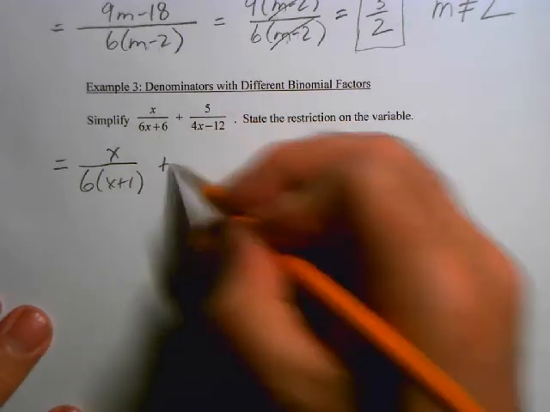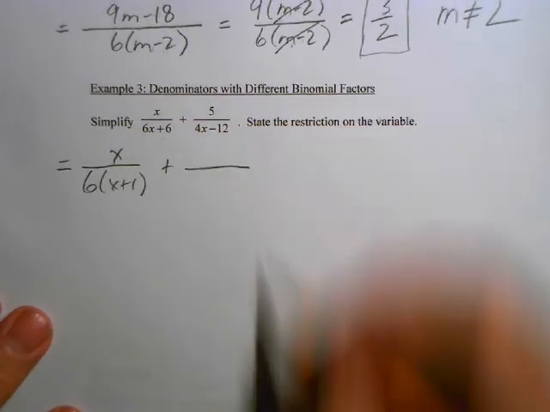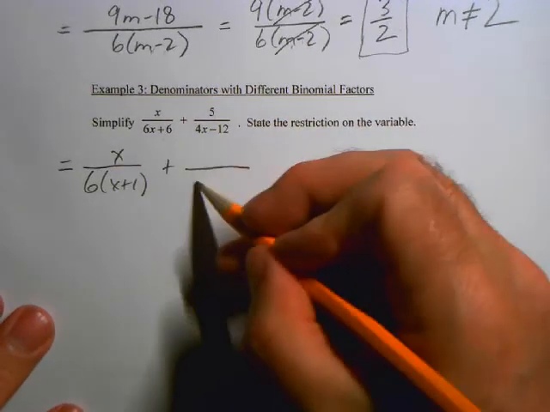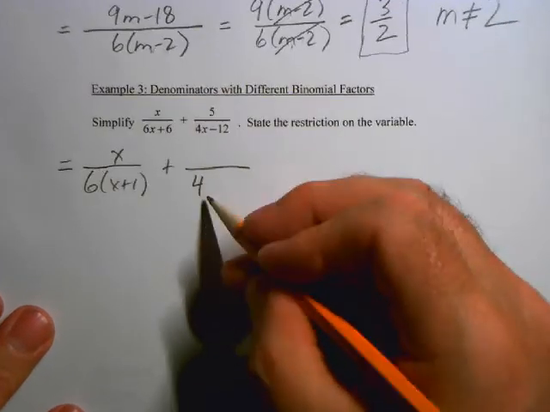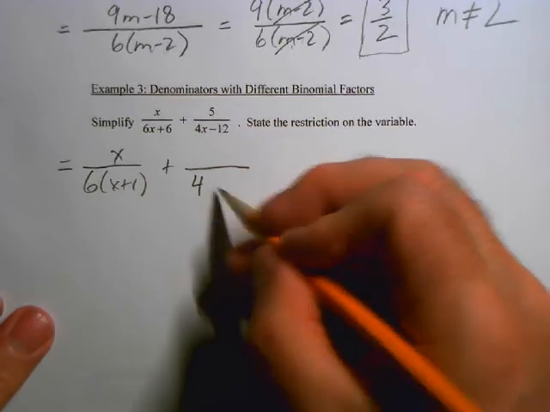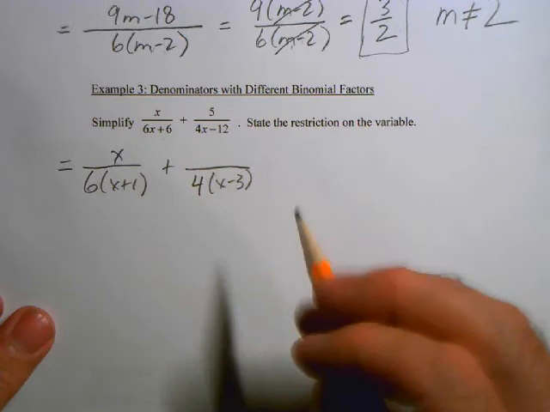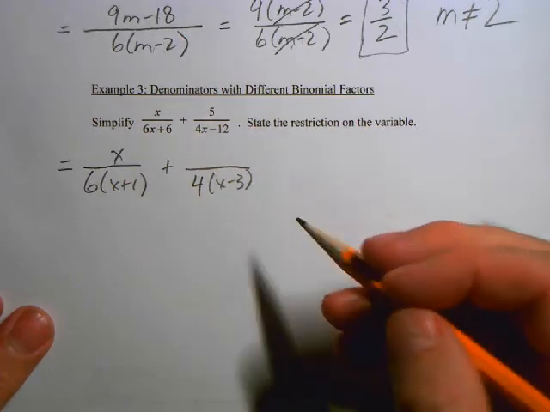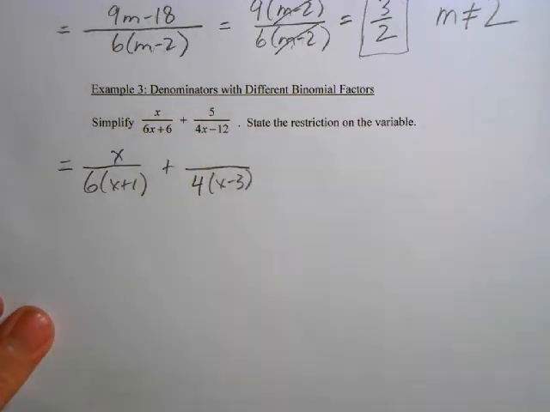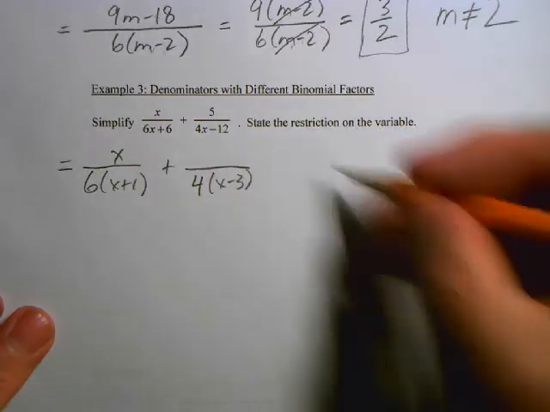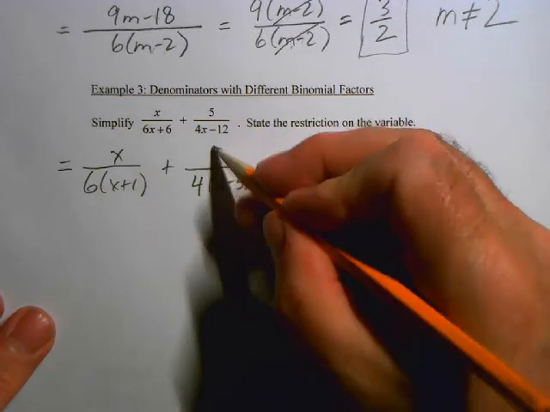And then for the second expression, I can factor out a 4. And I have an x minus 3. So I know everybody was hoping it'd be x plus 1, but it wasn't this time. And usually it's not. So what did we do differently this time? So I guess I got to put my 5 on the top still.